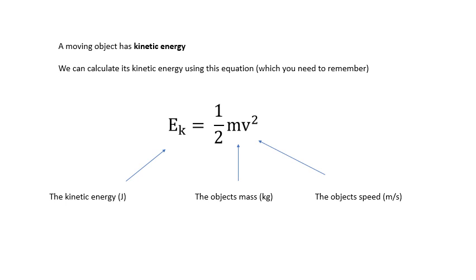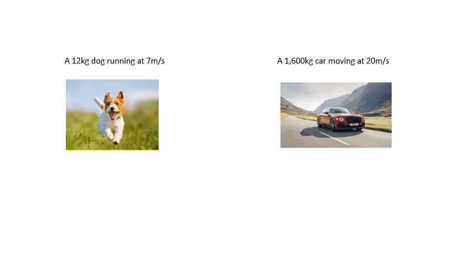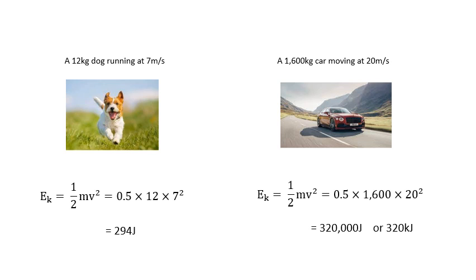Let's have a look at a couple of examples. There's a little doggy having a run and a car. In fact, what I'll do is I'll show you my answers in 3, 2, 1. There you go. So the first one, kinetic energy is a half mv squared, so 0.5 times 12 times 7 squared is 294 joules.